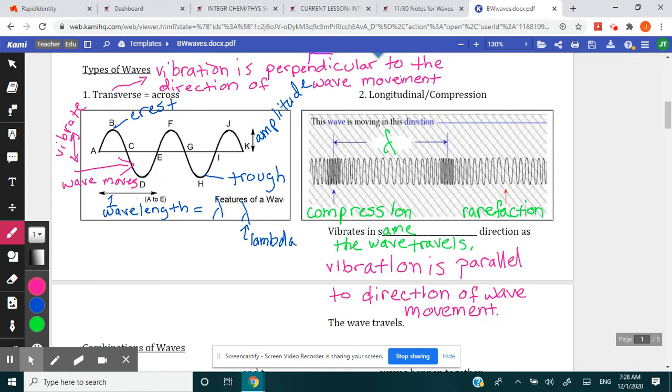Okay, the vibration is parallel to the direction of the wave movement. This is different than the transverse waves where the vibration is perpendicular. So while the wave moves to the right, your vibration is also to the right.